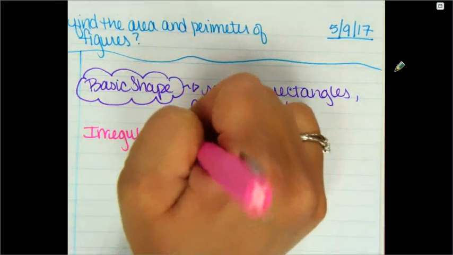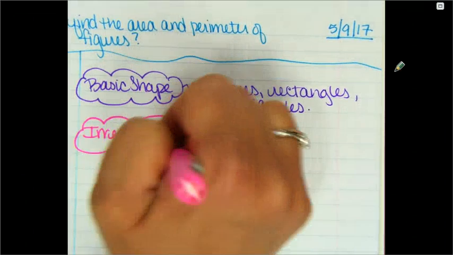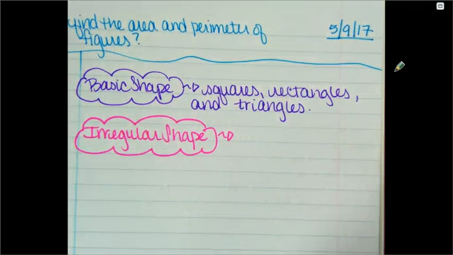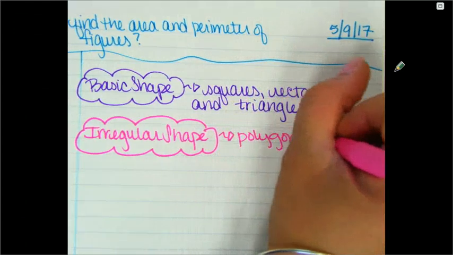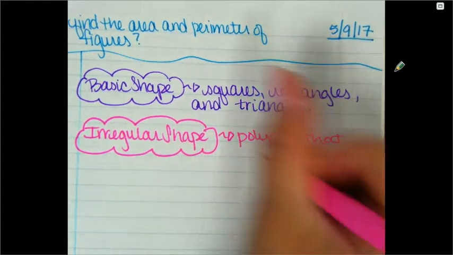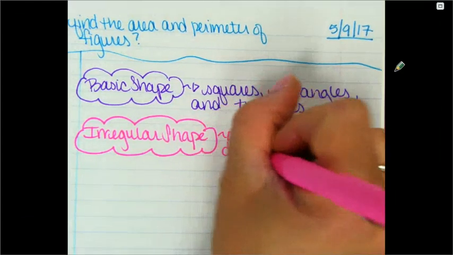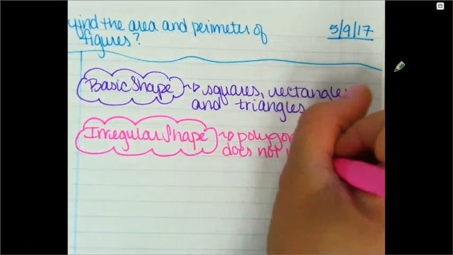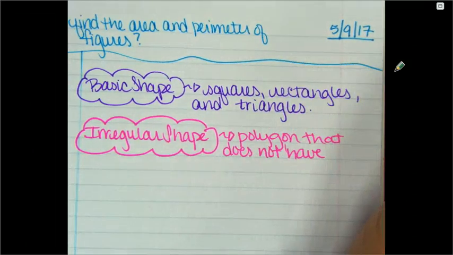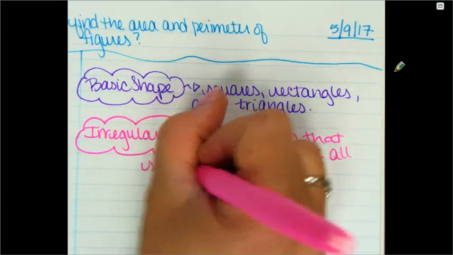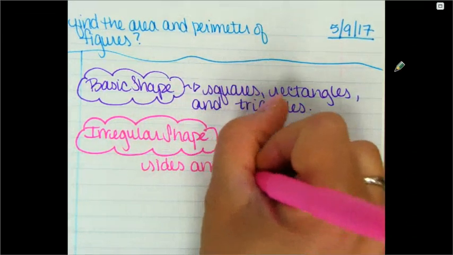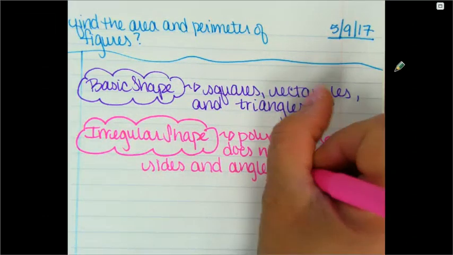So an irregular shape is a polygon that does not have all sides and angles equal.